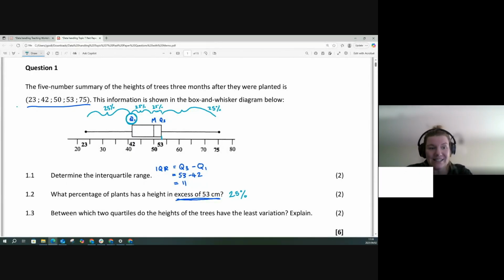Yeah, this isn't a trick question. It's just this distance over here. So it's either between M and Q3, or you could say Q2 and Q3. And the reason is the distance between them is the least.